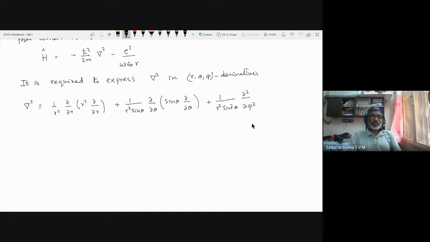So this is the expression for del square in spherical polar coordinates. Okay.